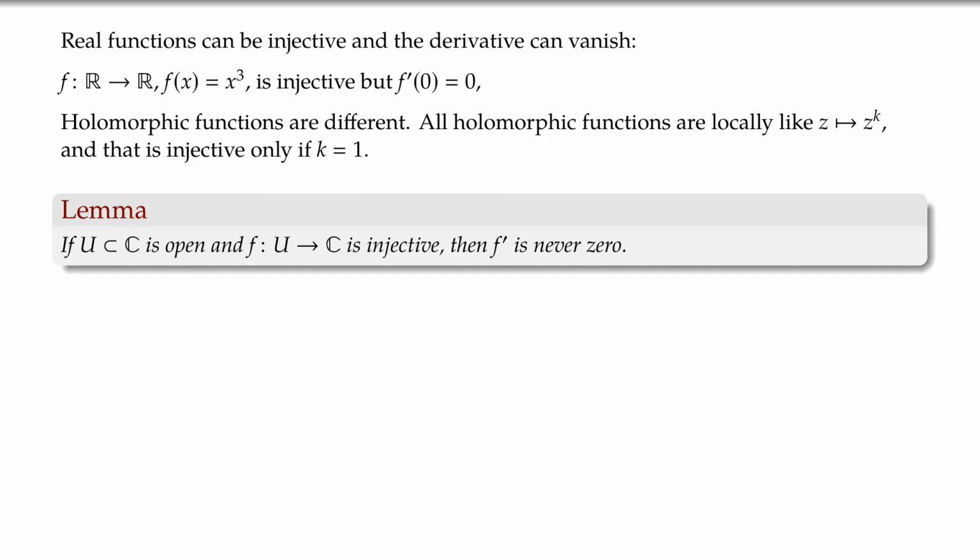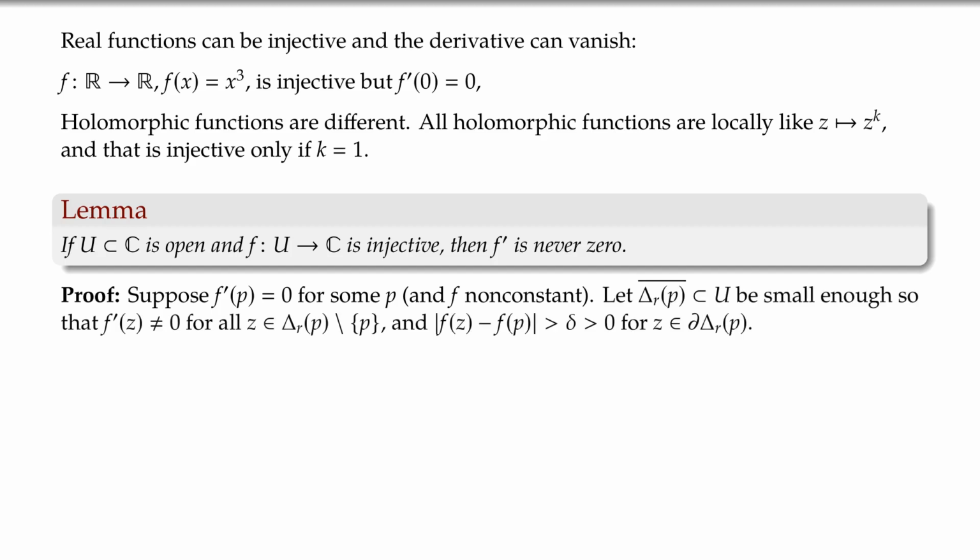If you have an injective holomorphic map, f prime does not vanish. So let's prove this. Suppose f prime vanishes somewhere, and let's suppose that it's a non-constant function. We're going to prove it by contrapositive. We're going to show that if f prime vanishes, then f is not injective.